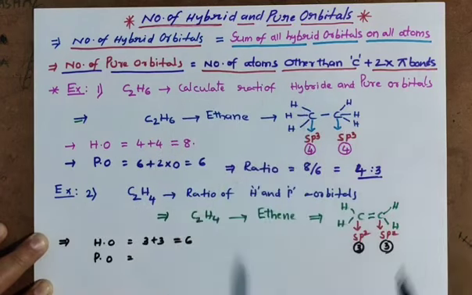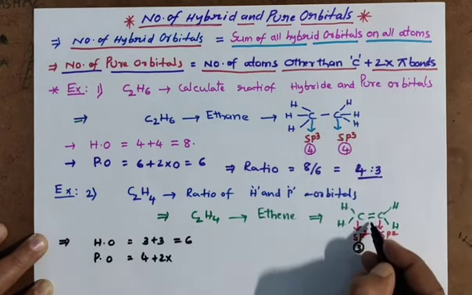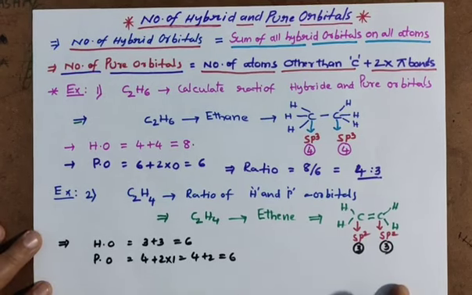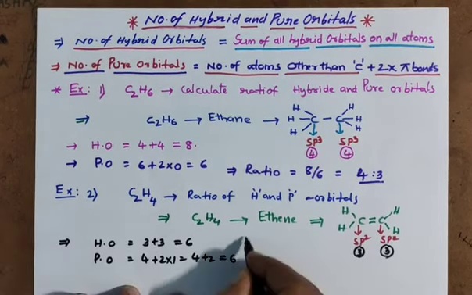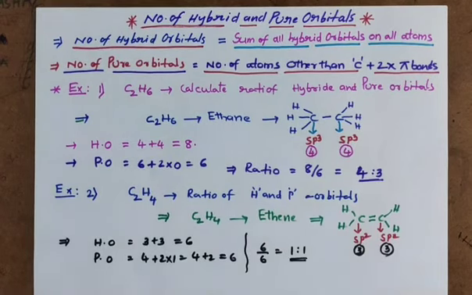Number of atoms other than carbon. Other than carbon, 4 hydrogens are there. 4 we have here plus 2 into pi bonds. Here a double bond is there, 1 sigma 1 pi. That equals 4 plus 2, that equals 6. 6 hybrid orbitals and 6 pure orbitals. They are asking the ratio, 6 by 6, that equals 1:1. So 1:1. And this is the method to calculate pure and hybrid orbitals.